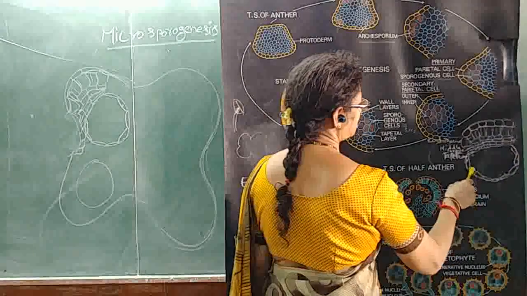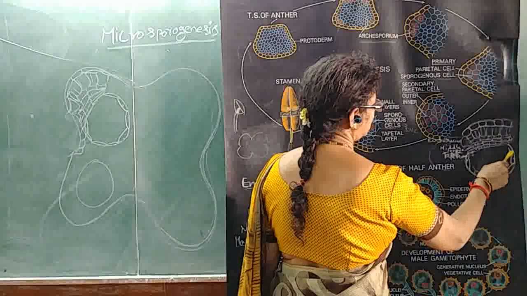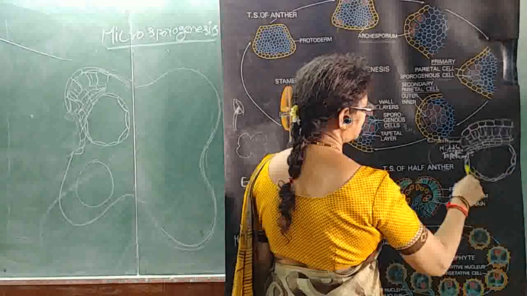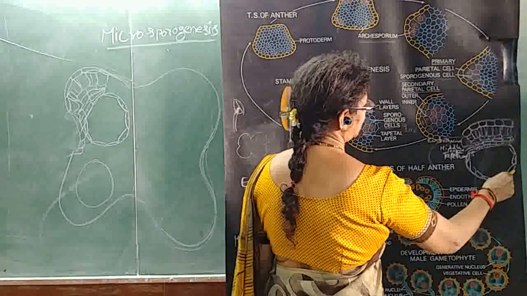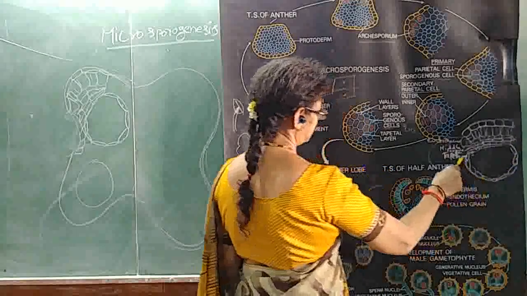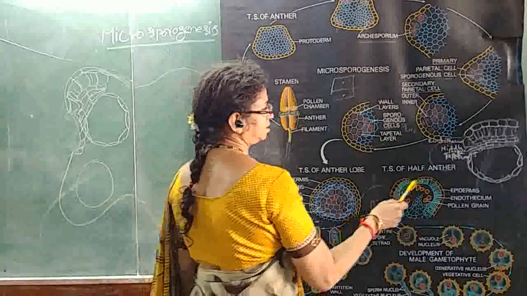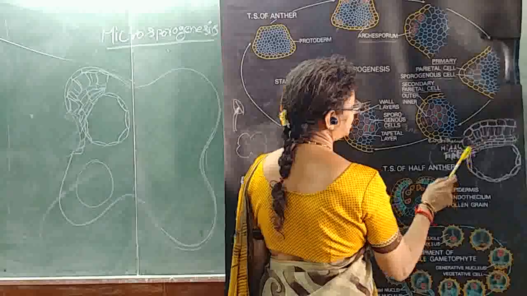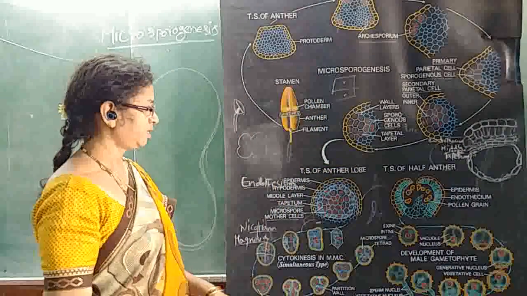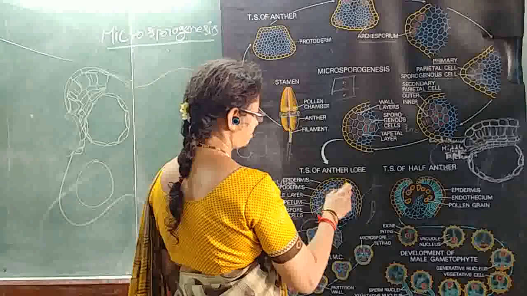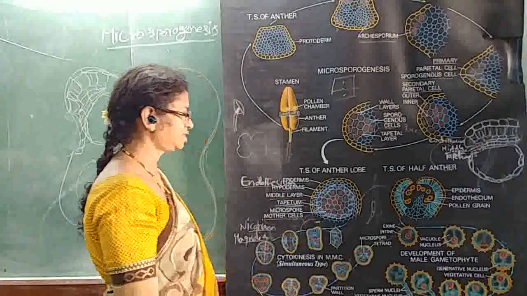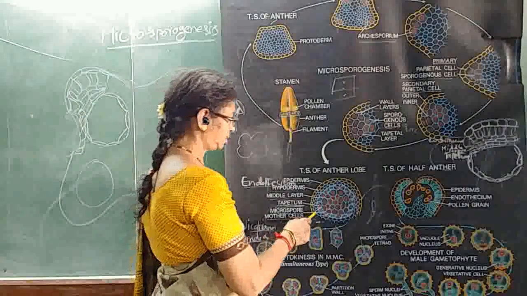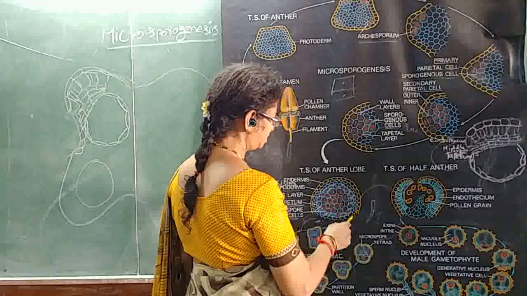This layer consists of somewhat elongated cells, parallel, like this single layer, and consists of prominent nucleus and dense cytoplasm. This layer of cells is multinucleated in the majority of cases, and in some cases it is single nucleated. Example, in multinucleated condition, GMA.